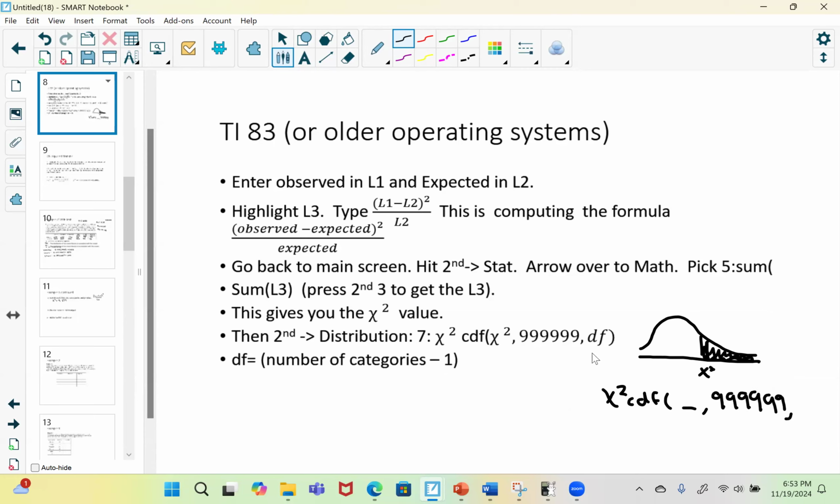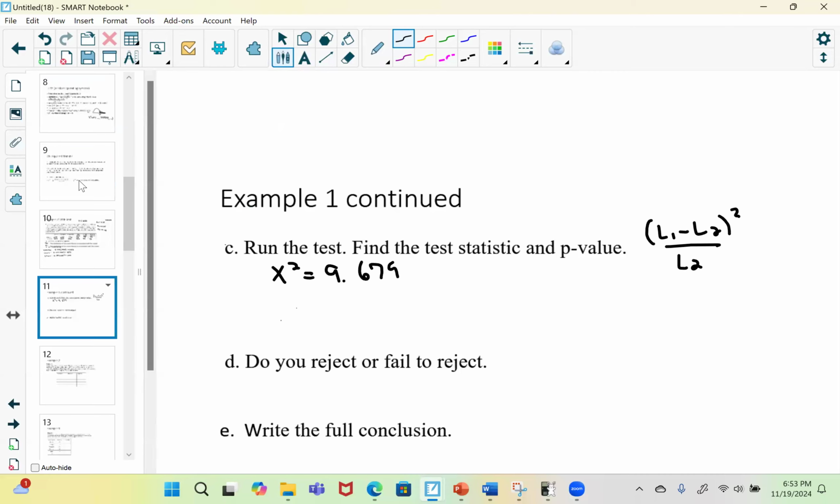The difference is we put the degrees of freedom, which is the number of categories minus 1. So it's always a right tail test. The upper bound is always 6 nines. So we'll do chi-squared CDF, put this test statistic 9.679, comma, 6 nines, or you can use 1E99, whichever you prefer, comma, and then the degrees of freedom.